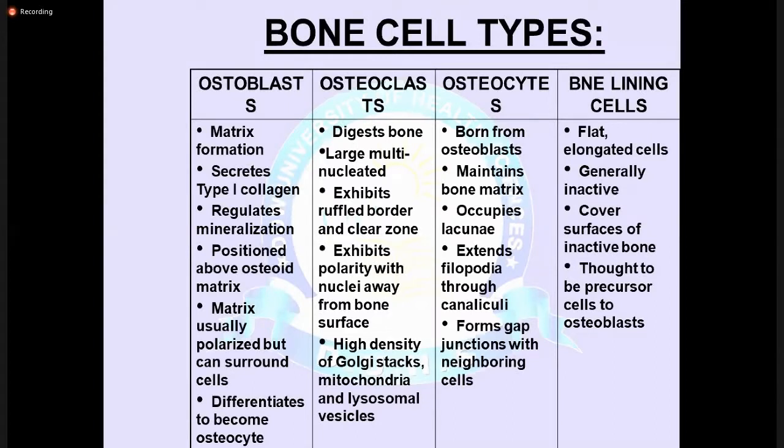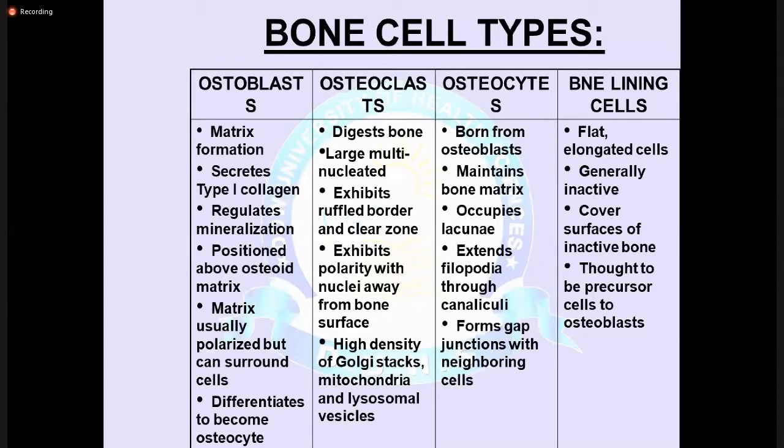The other proteins involved in matrix synthesis are also produced by the osteoblast, and these include, for example, insulin-like growth factor, fibroblast growth factor, and platelet-derived growth factor. These are all basically the factors responsible for the synthesis of matrix by the osteoblast.